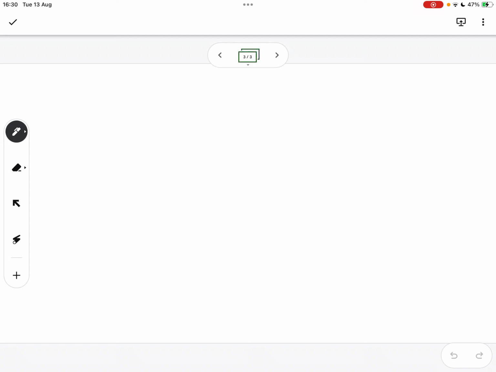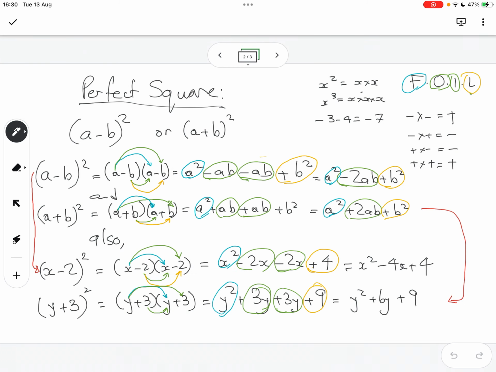If you multiply out a perfect square, you get a trinomial with a square at each end. So basically, this is a trinomial. Tri means three.